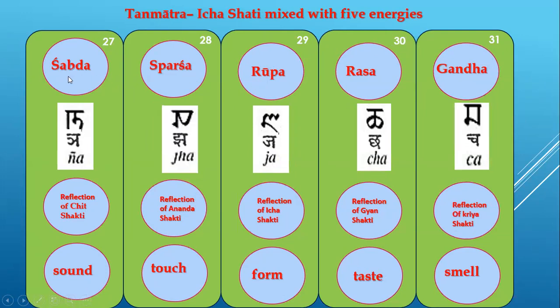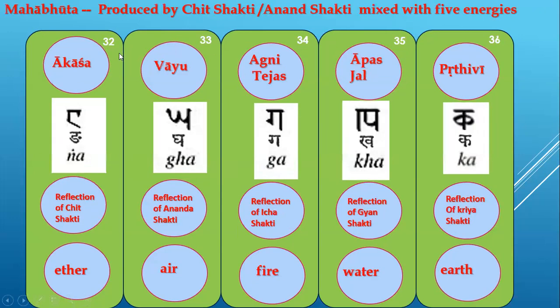He is coming down. The journey is Shiva from that state to the Prithvi Tattva. And then if you see here, 32, 33, 34, 35, 36. So this is the last. Akash, Vayu, Agni, Jal, and Prithvi. So this is the last element. The journey ended with the 36th element.